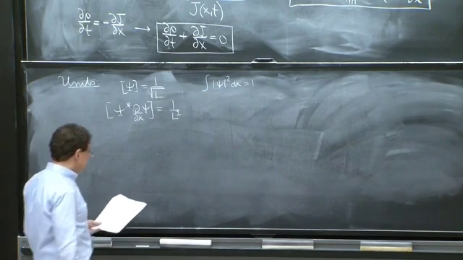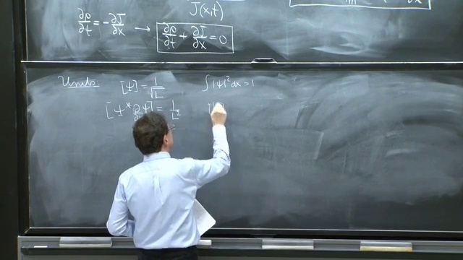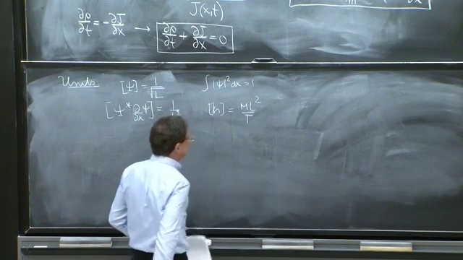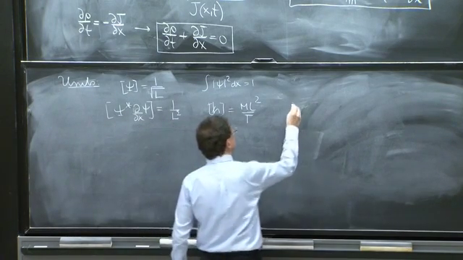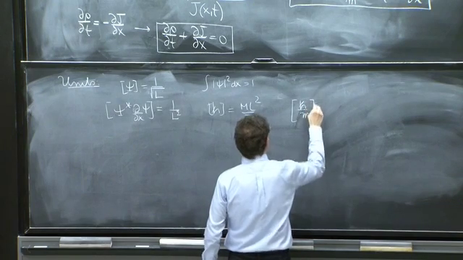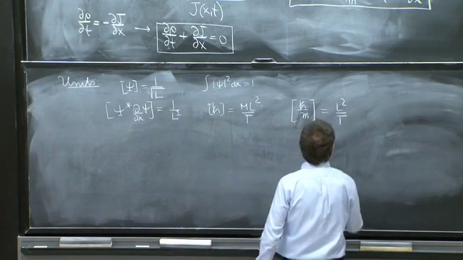Okay, and then you have h bar, which has units of m L squared over T. We've probably done that before already. And therefore, h bar over m has units of L squared over T.